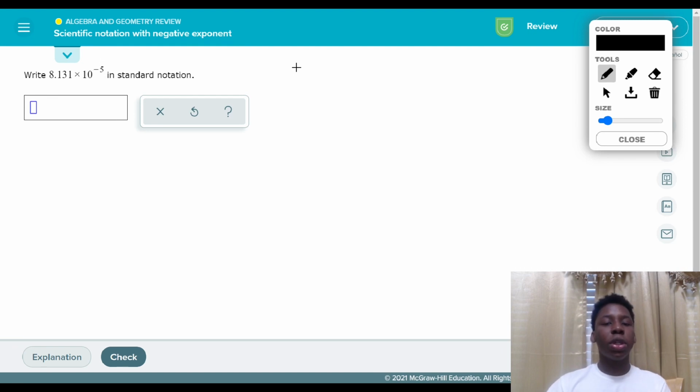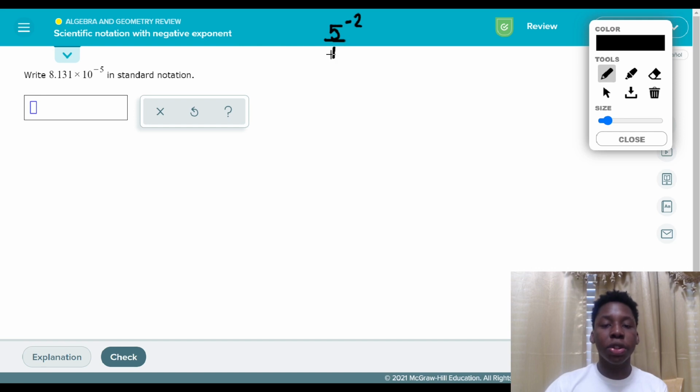Whenever we're dealing with negative exponents, it basically means we're going to be finding the reciprocal of whatever number we're dealing with. So say for example you have 5 to the power minus 2. We're going to have to find the reciprocal of 5 to remove this negative. 5 is basically the same thing as 5 over 1, because anything divided by 1 equals itself.